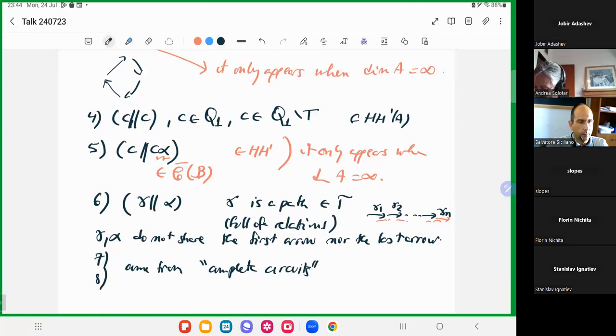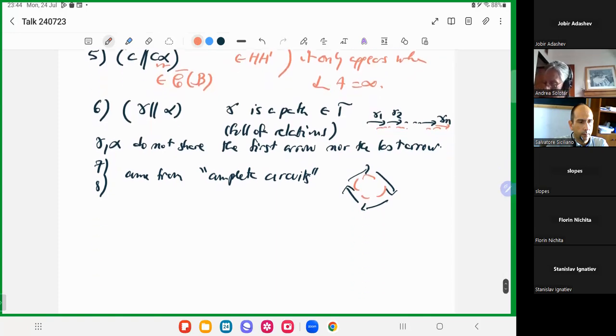And the complete circuits are, of course, circuits where all the compositions are zero, okay? They are overlapping relations. But the important thing about these two types of elements is that they only appear if the global dimension of the algebra is infinite, okay?